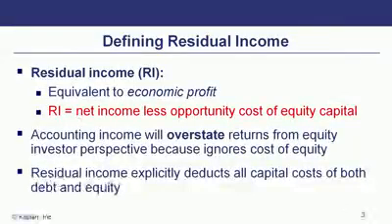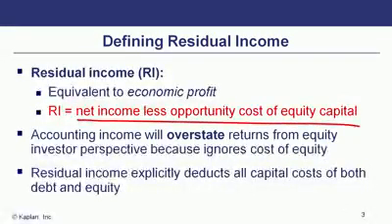It is net income minus the cost of equity capital, or the fair return on that equity capital. Accounting income will overstate returns from the equity investor's perspective because it ignores this cost of equity. They may be overzealous, thinking, hey, I made money, but you didn't make me more money than what is a fair return for that particular investment.